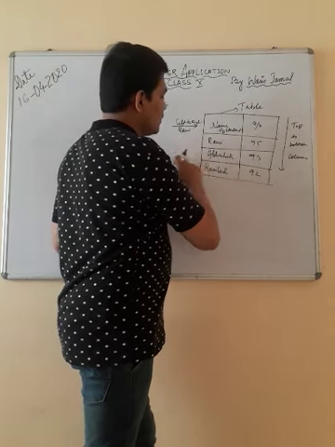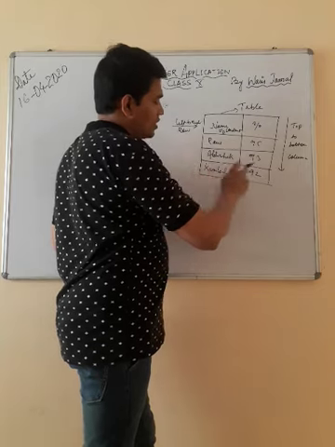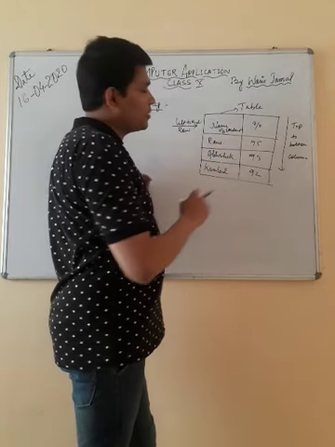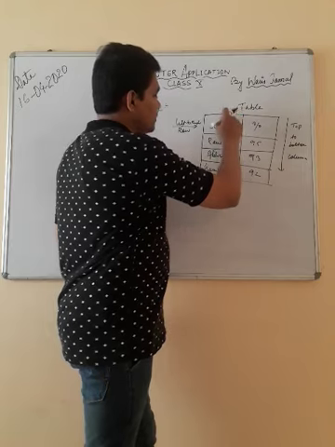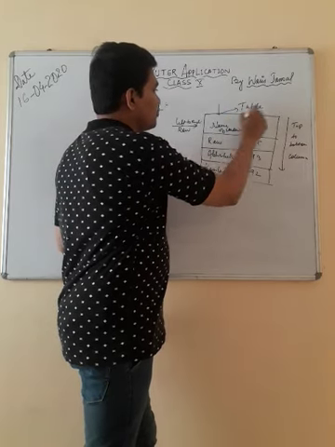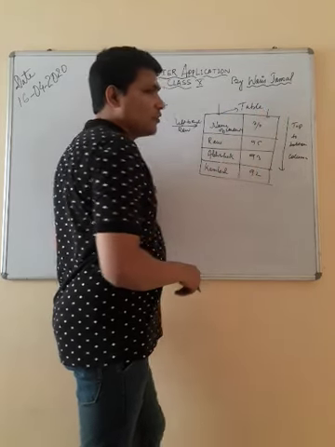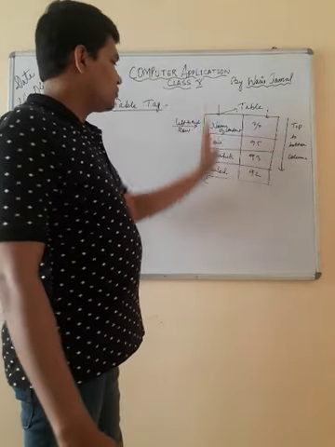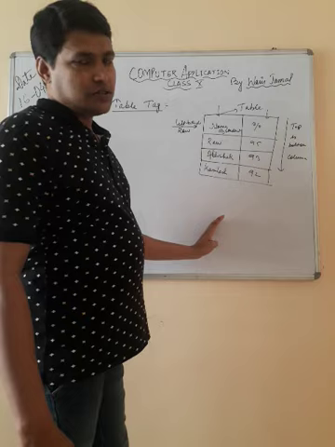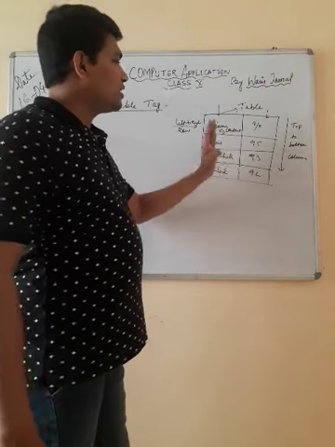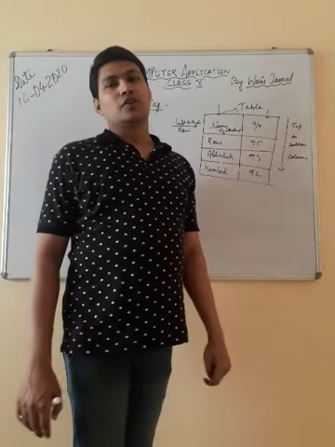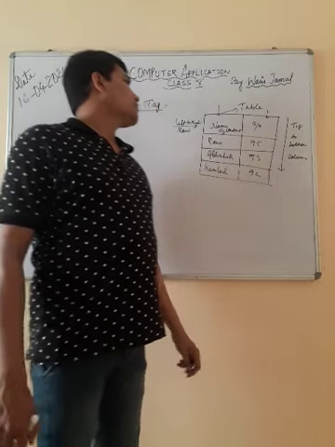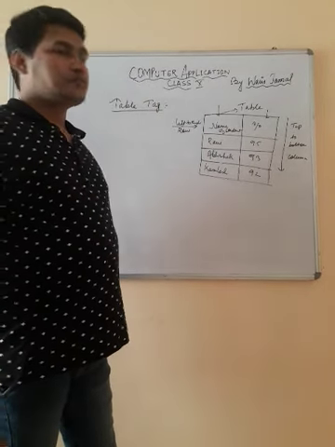So Ravi, Abhishek and Kamlesh are separate rows. If you go horizontally, that is a row. If you move vertically downwards or upwards, that becomes a column. I think it is clear to you what is a row and what is a column.